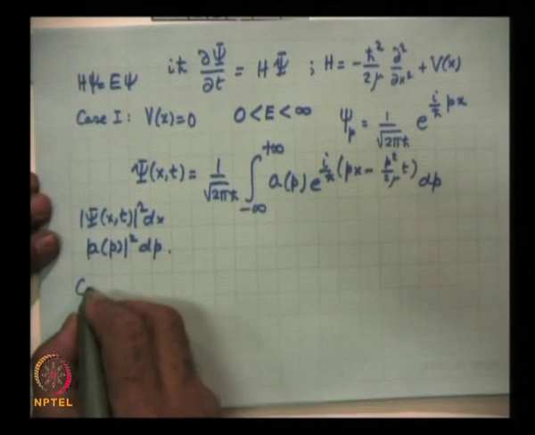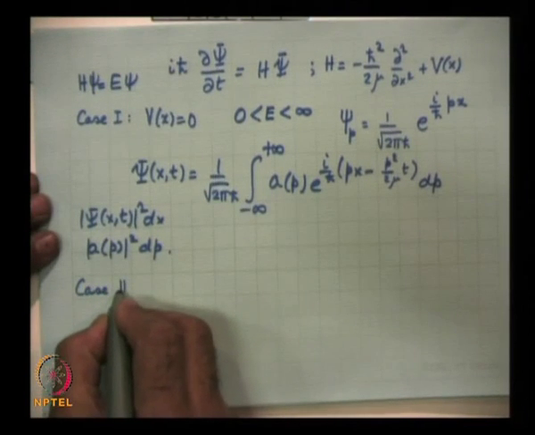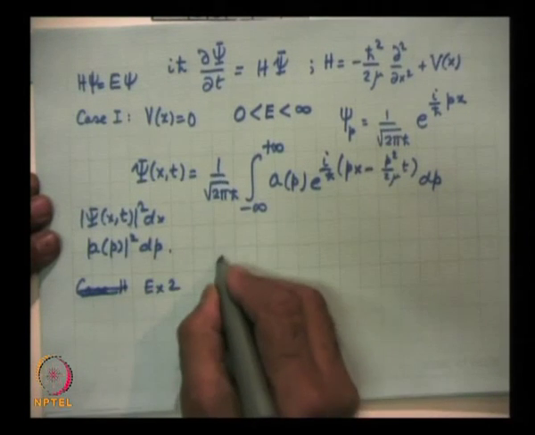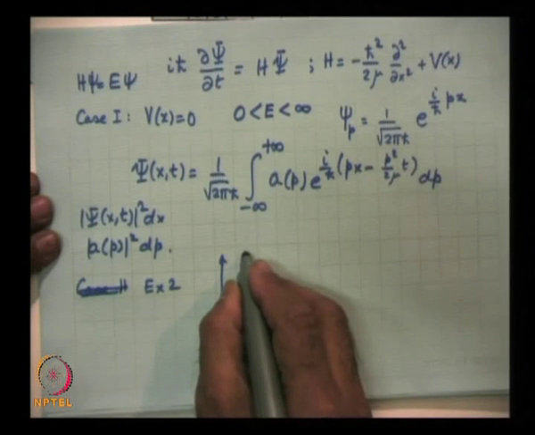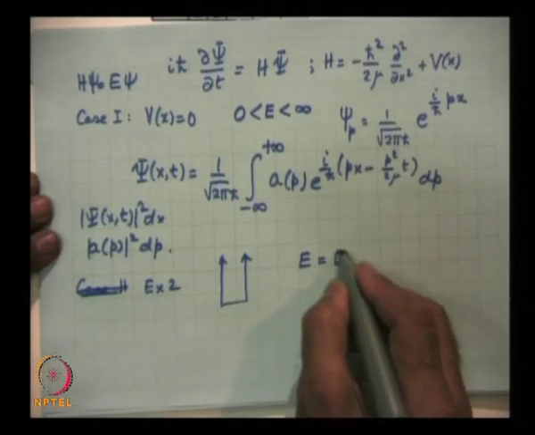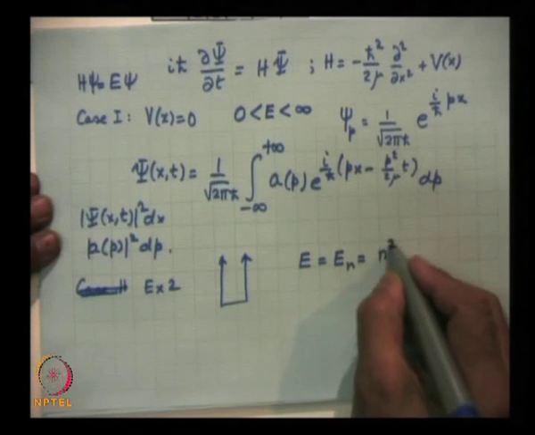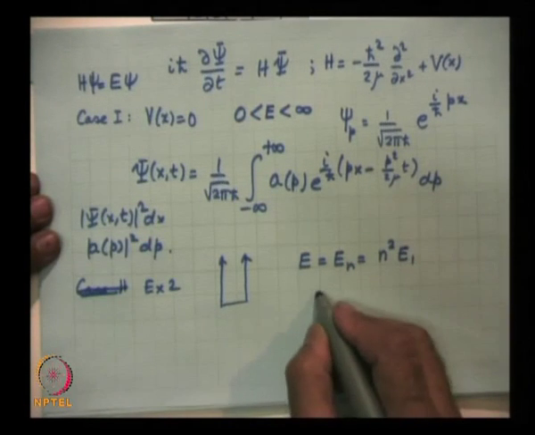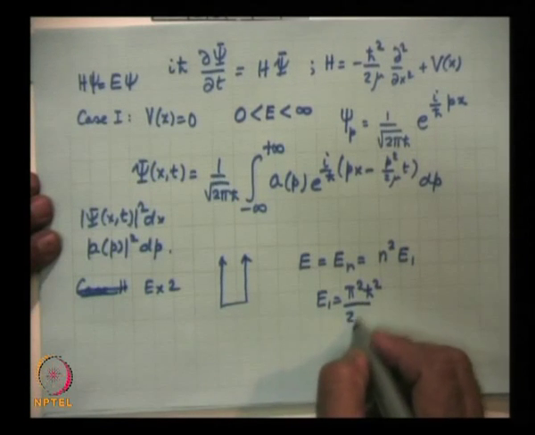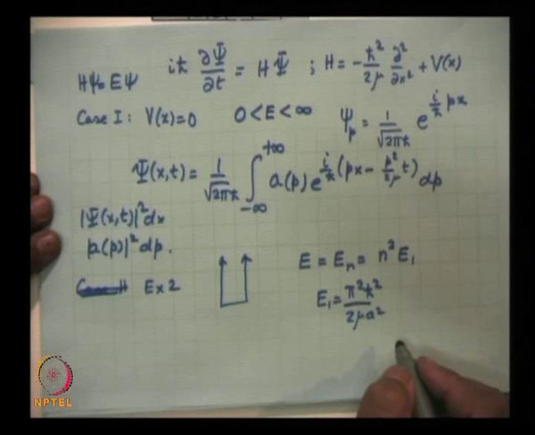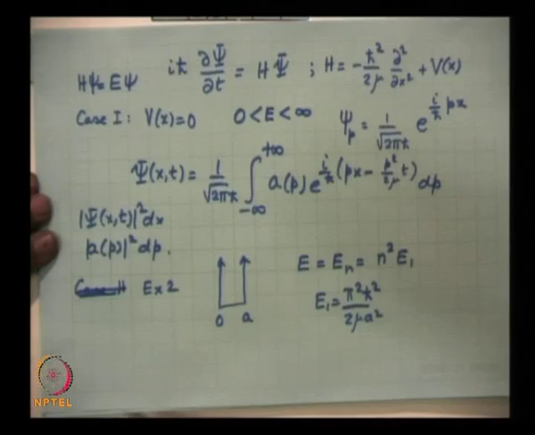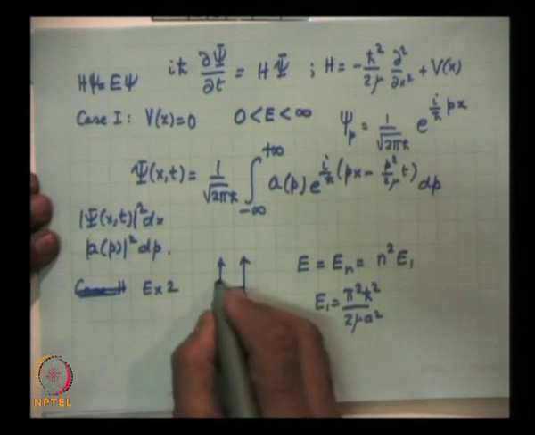Then we considered the second example, the particle in a box problem. There we had an infinite number of discrete energies, n square E1, where E1 was equal to pi square h cross square by 2 mu a square. The particle was confined within the region 0 less than x less than a.